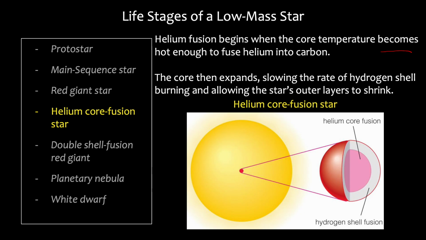By the way, I point out that nuclear fusion is a quantum physics process, and we will have to refer to some basic aspects of quantum physics in order to understand various phenomena that we want to discuss in astronomy.